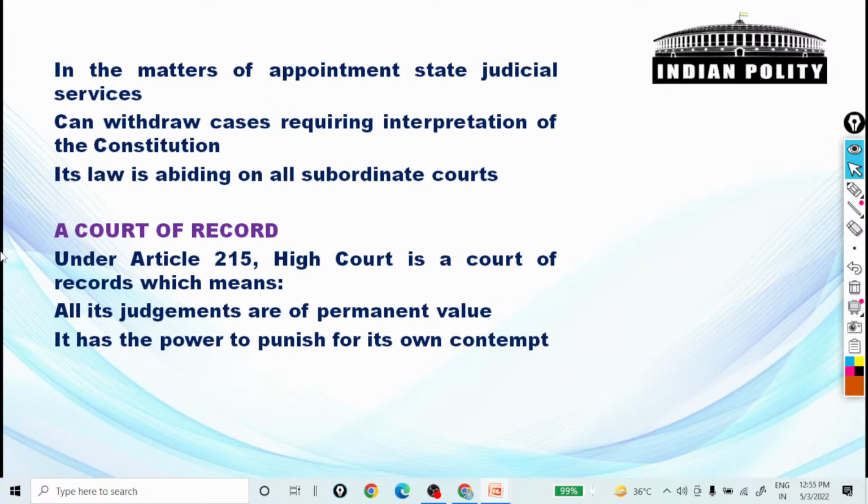In the matters of appointment of members of the state judicial services, the governor consults the High Court and the State Public Service Commission. And it can withdraw any cases pending in the subordinate courts which require constitutional interpretation.